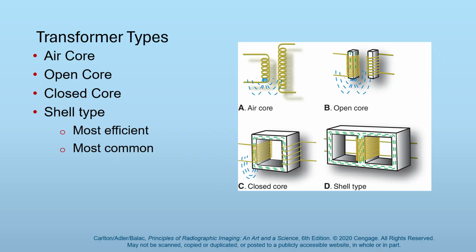Our modern transformers are typically your closed core, which you're going to see on the diagrams, or your shell type transformers, which, if your closed core is a box formation of iron laminate, your shell type is a cinder block formation of iron laminate. Okay.